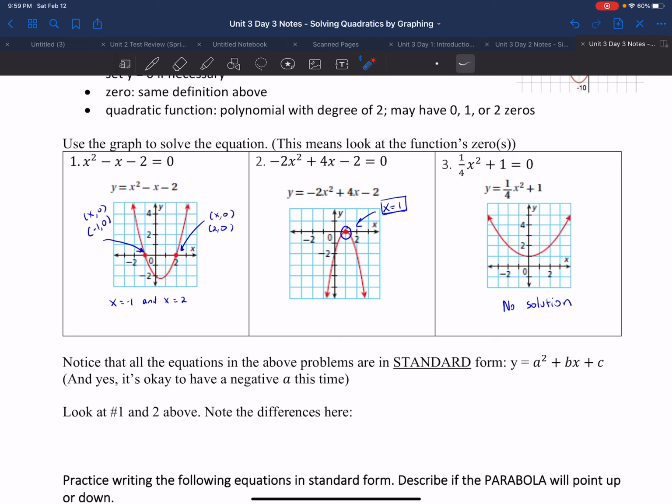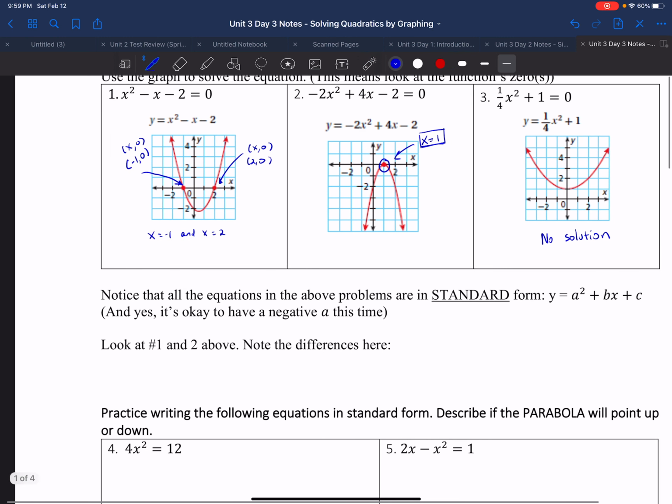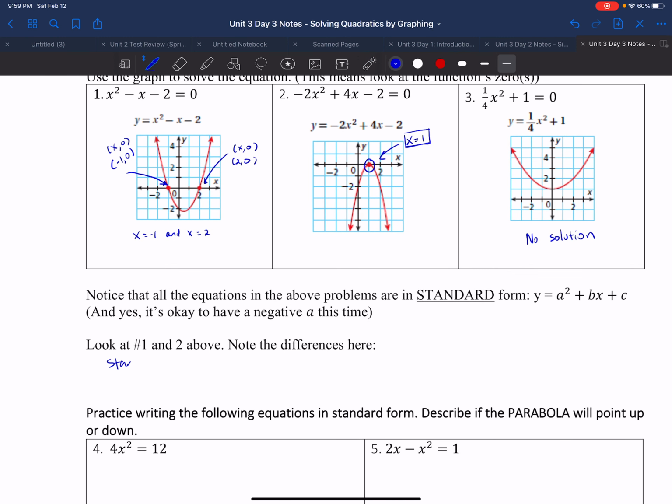Back to number 1 and number 2. The reason this one is facing up is because our coefficient is positive. In standard form, if your a value is positive, then it's going to face up.